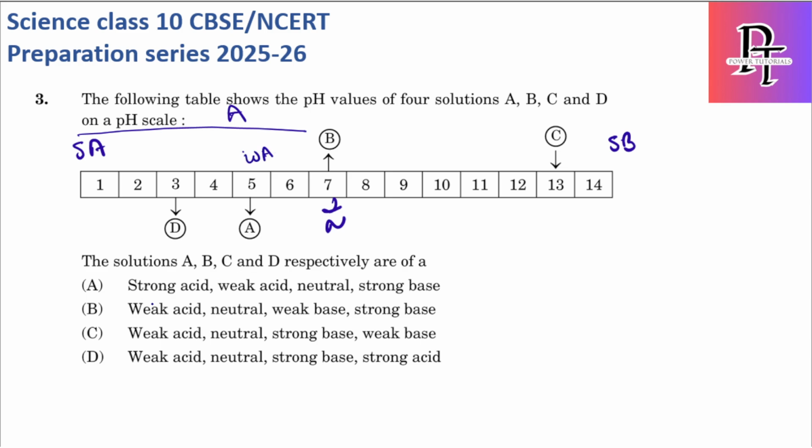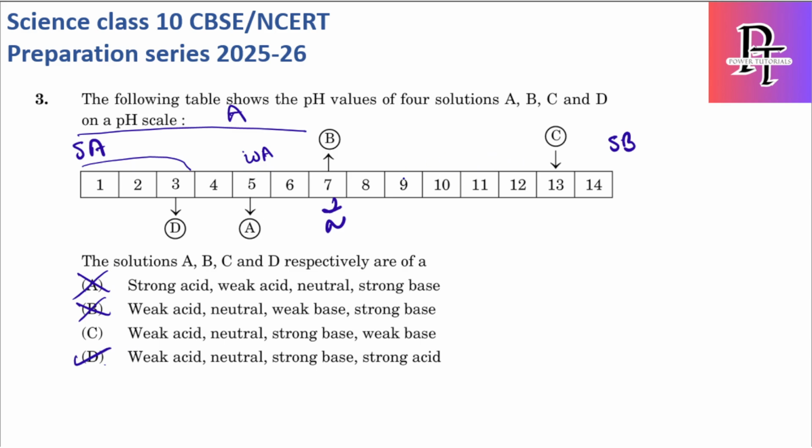So A is weak acid, which is wrong. Second, B is neutral. Yes, B is neutral. Third, C is strong base because it is closer to 14. This is also wrong. What about D? D is here, which is strong acid. So D is the right answer.